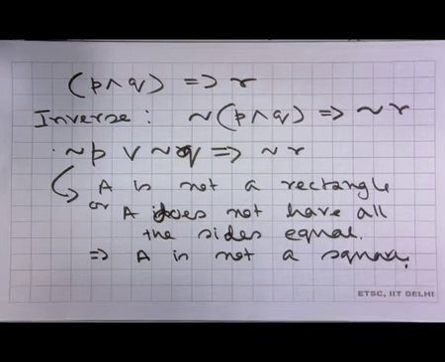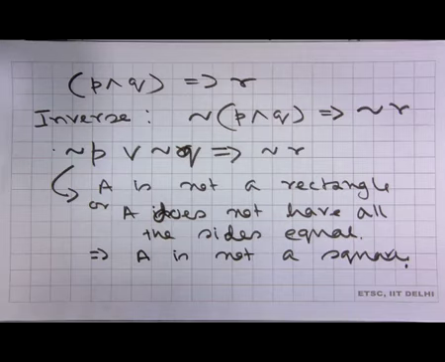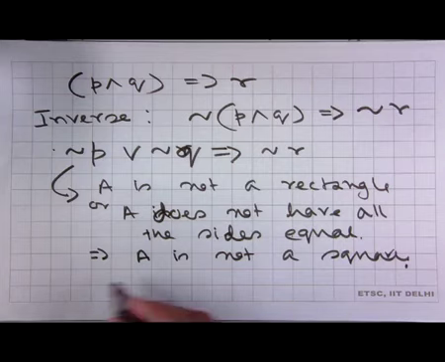Which is correct? If A is not a rectangle, then A is not a square. If A does not have all the sides equal, then A is not a square. Therefore, inverse is also true.